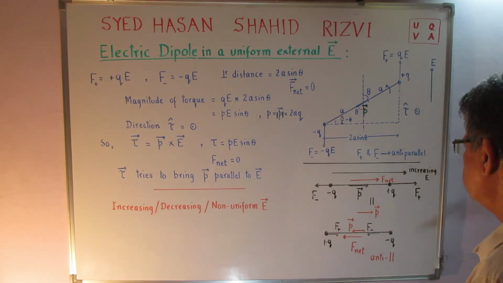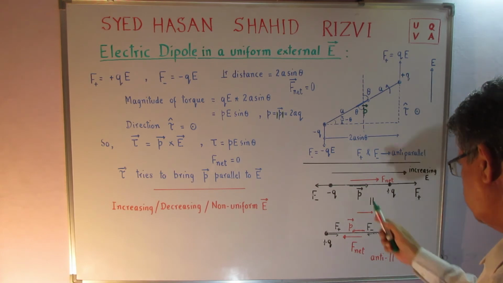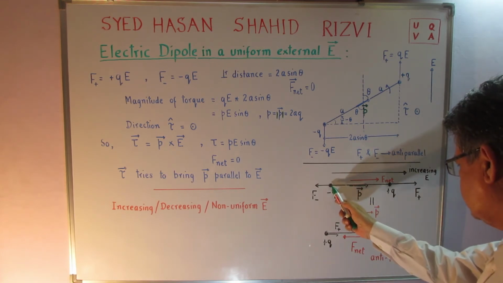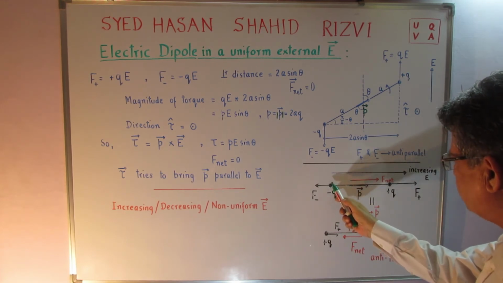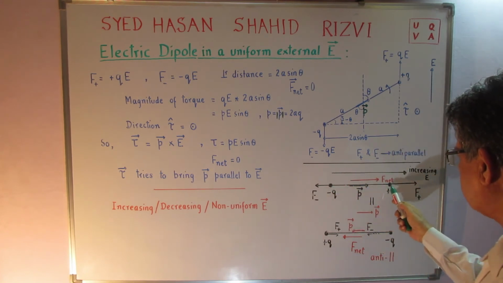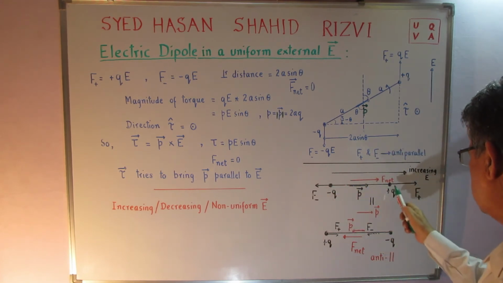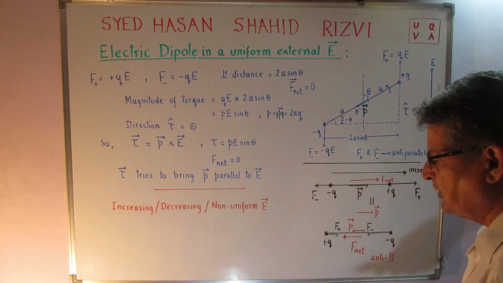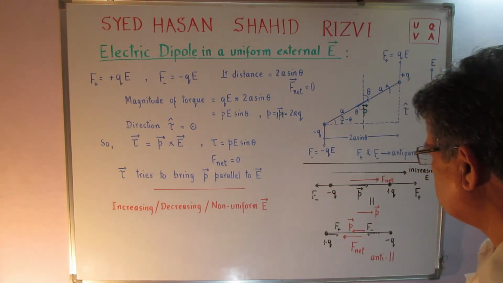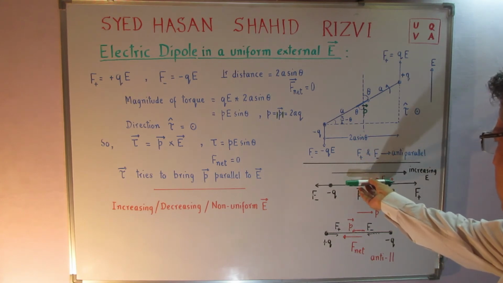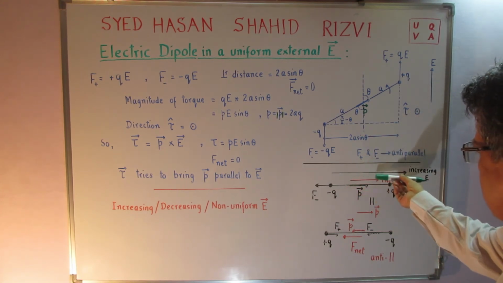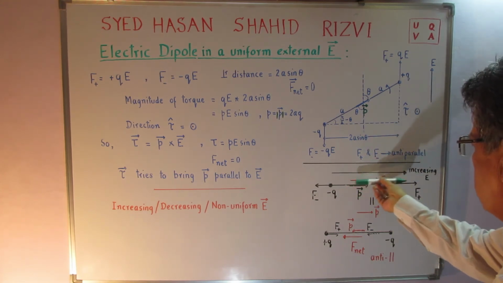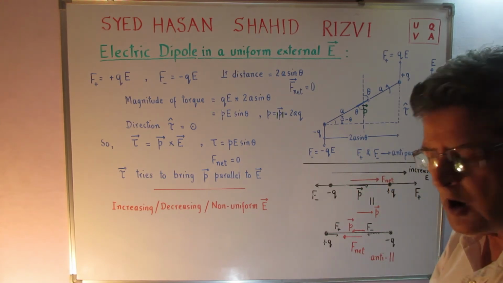You can see that because the value of the electric field is smaller at this point than at this point, the force F plus will be larger in magnitude than the force F minus, and therefore the net force will be in the direction, and this and the P, they will be parallel to each other. Okay.